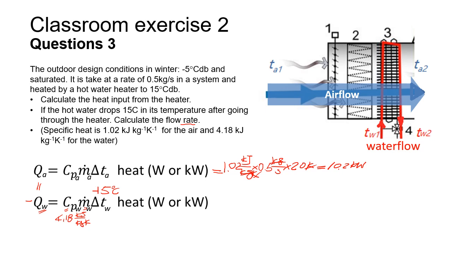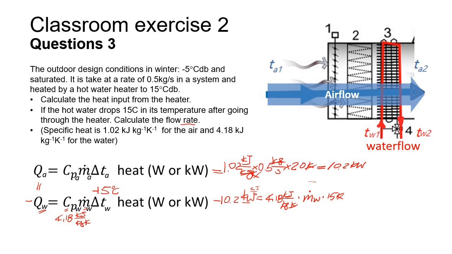All right, so what we can calculate here is minus 10.2 kilowatt equals Cp 4.18 kilojoule per kilogram per K, and here the mass flow rate of water is to be calculated, multiplied by minus 15 K. Okay, K cancels, and the kilowatt is kilojoule per second.